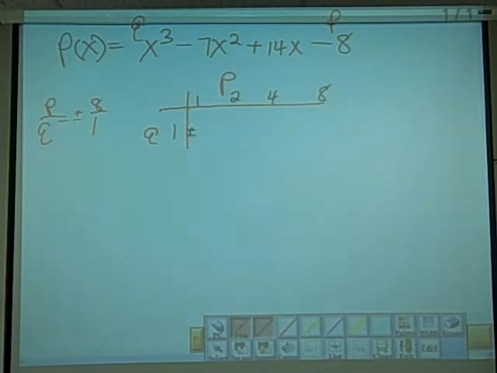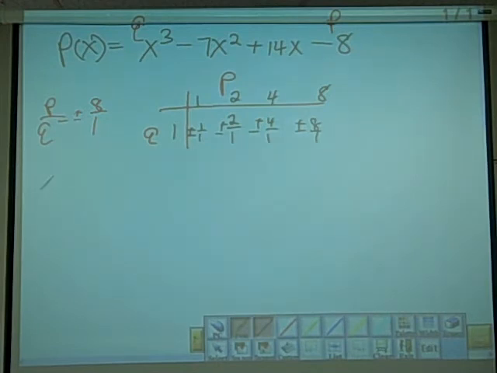So this will be plus or minus 1 over 1. Again, p is in the numerator, so this will be 2 over 1, plus or minus 4 over 1, and plus or minus 8 over 1.